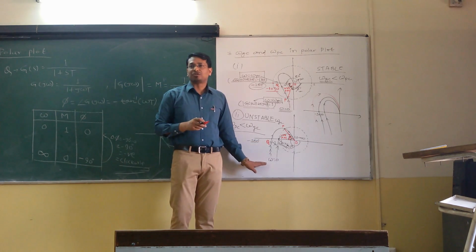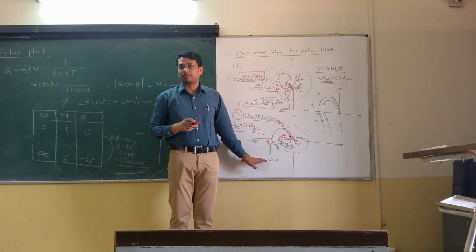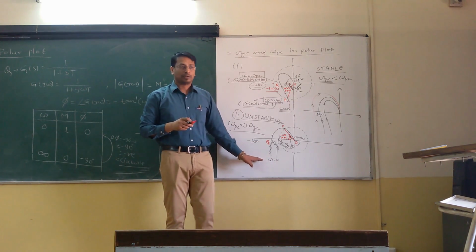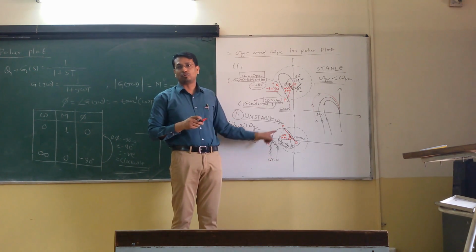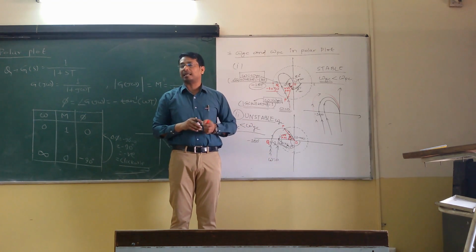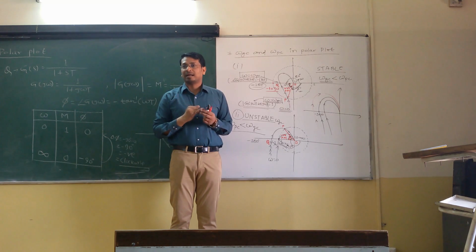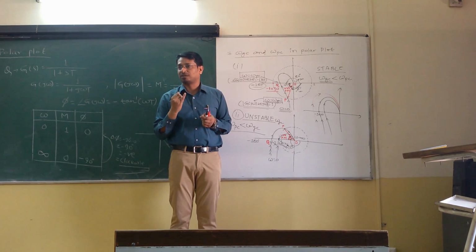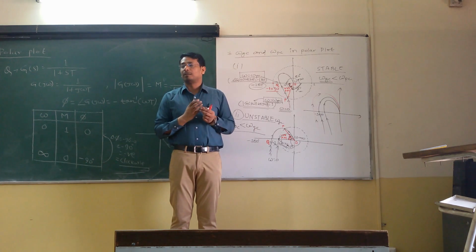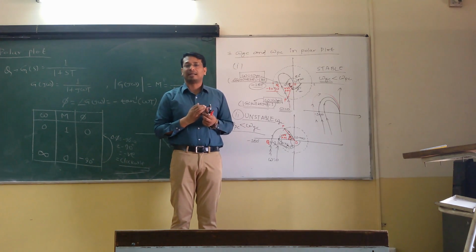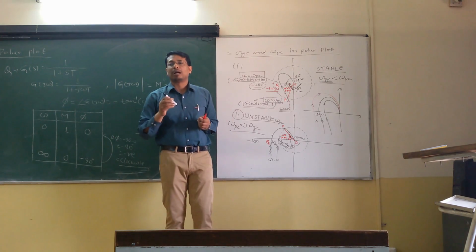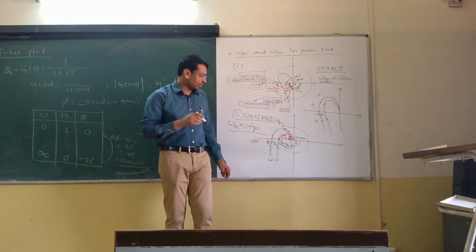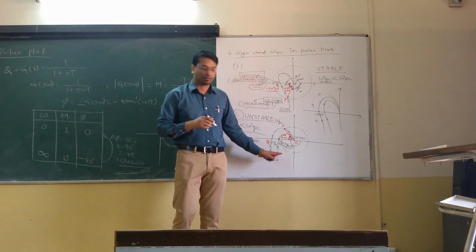A point is said to be enclosed by a polar plot if you are going to move from omega is equal to 0 to omega is equal to infinity, and if that point, and here we are interested in -1 plus j0. So if -1 plus j0 point lies to the right side of the plot, you are going to say your point is enclosed by your graph.